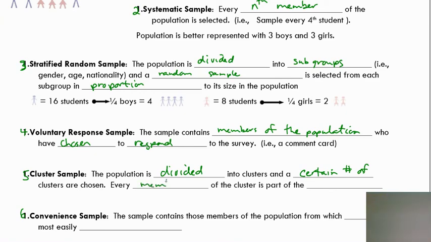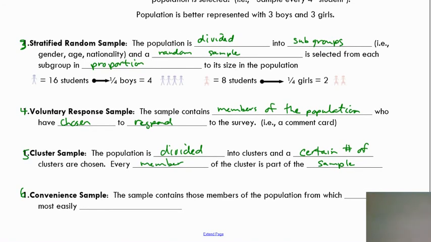Every member of the cluster is part of the sample. So again, you might group these surveys into clusters of 100 people in all these clusters, and then in the end you only use 2 of those clusters or half of the clusters, and so then it's kind of randomized that way.